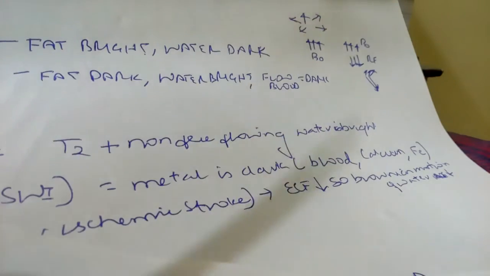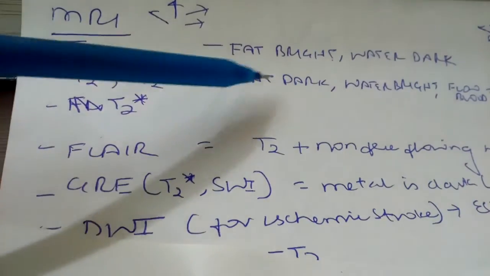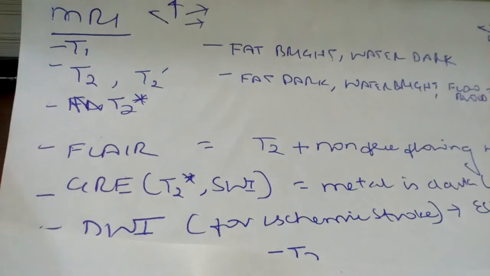Since the time taken is longer in T1, fat appears bright, because fat takes a shorter time to reach back to its original state, whereas water takes a longer time. So fat appears bright, water appears dark.